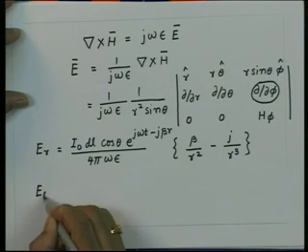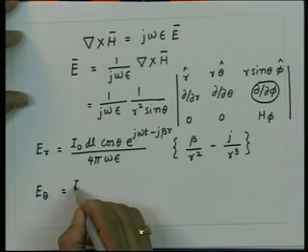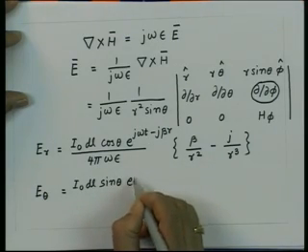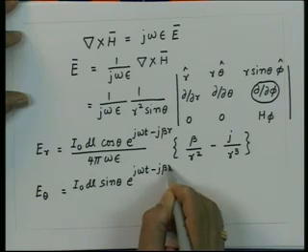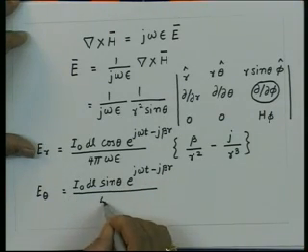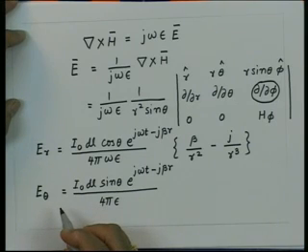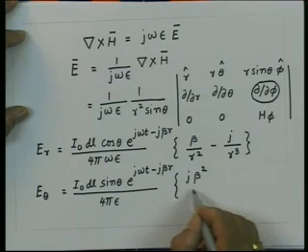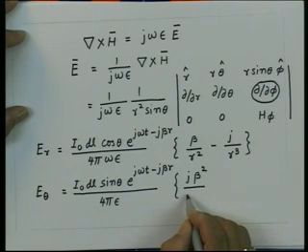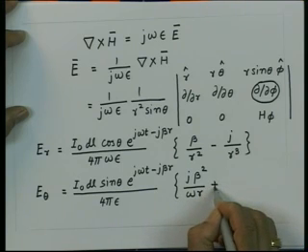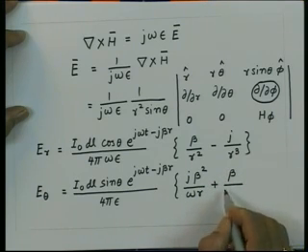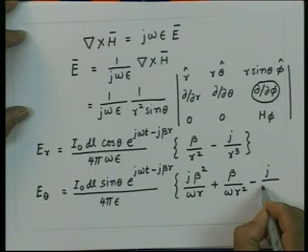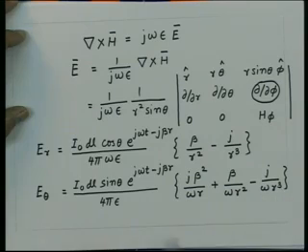and the theta component E_theta will be equal to I0 dL sin theta e to the power j omega t minus j beta r upon 4 pi epsilon, times j beta square upon omega r plus beta upon omega r square minus j upon omega r cube.